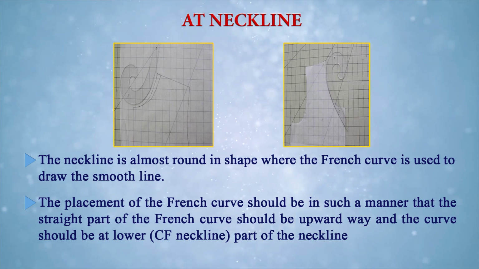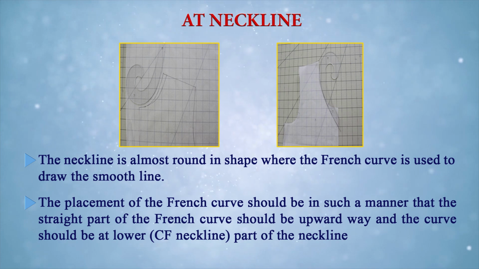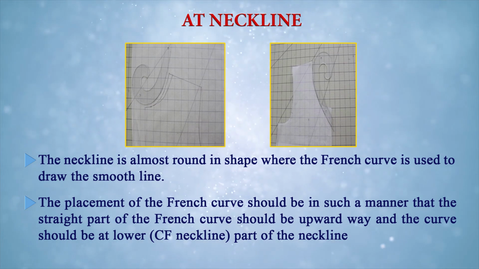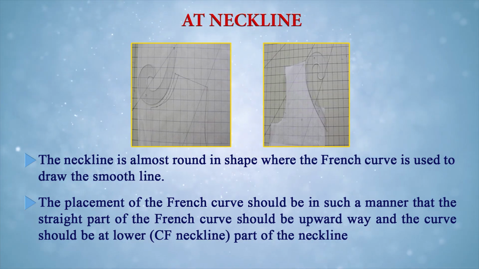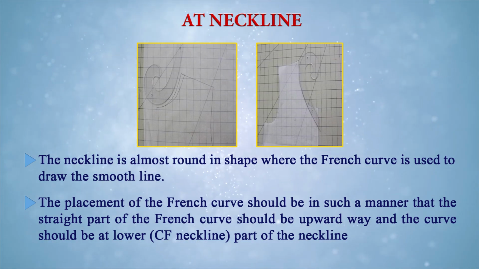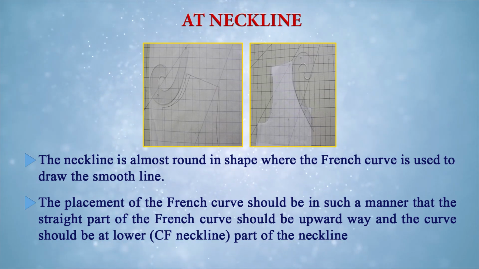From this image it is clear that if we have the round part on the lower part of the pattern and the length part at the upper side, then we make use of this French curve to create a good round shape on the neckline.